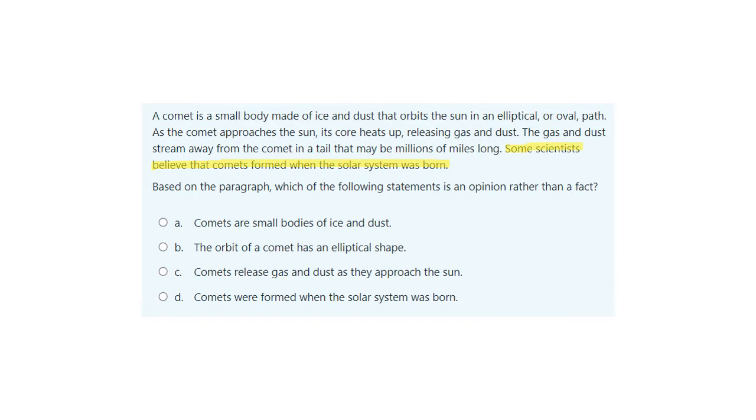One girl says the boy is handsome, the other girl says the boy is ugly. They have different ideas. Here, some scientists believe that the comets were formed when the solar system was born. So the correct answer is D. That's the other thing to look for with opinions: what one group of people think, but another group does not agree.